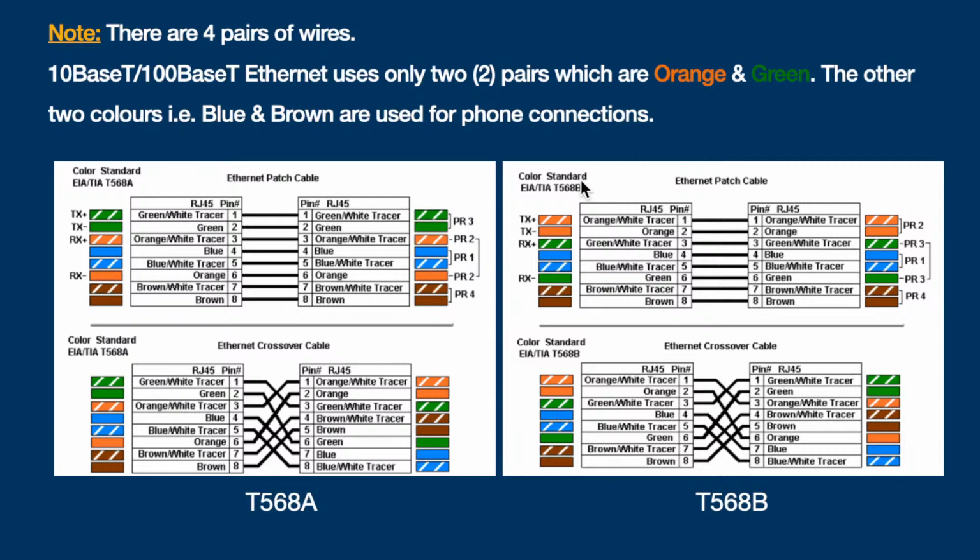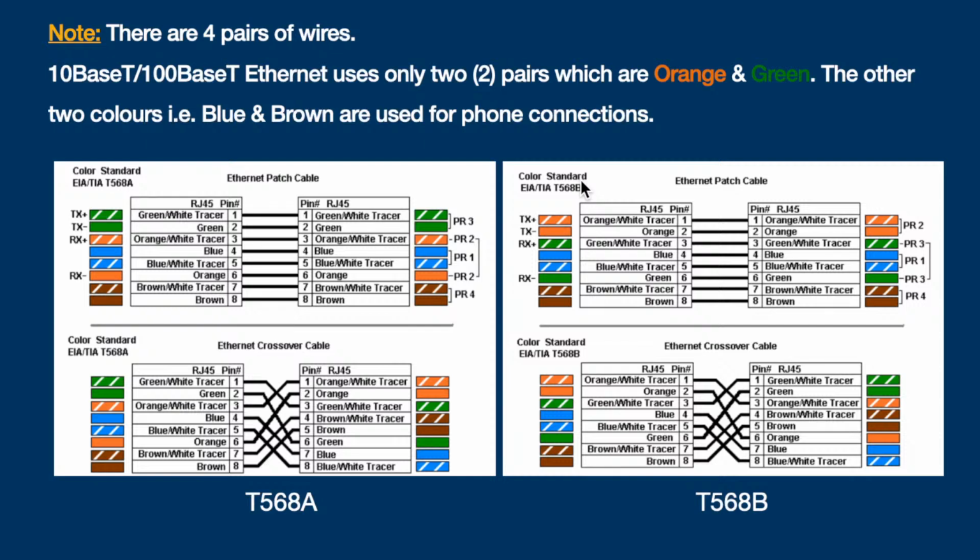The RJ45 that we all see around us, most of you have used it before, has 8 wires, that's 4 pairs of wire slotted into the RJ45 connector that has 8 pins.